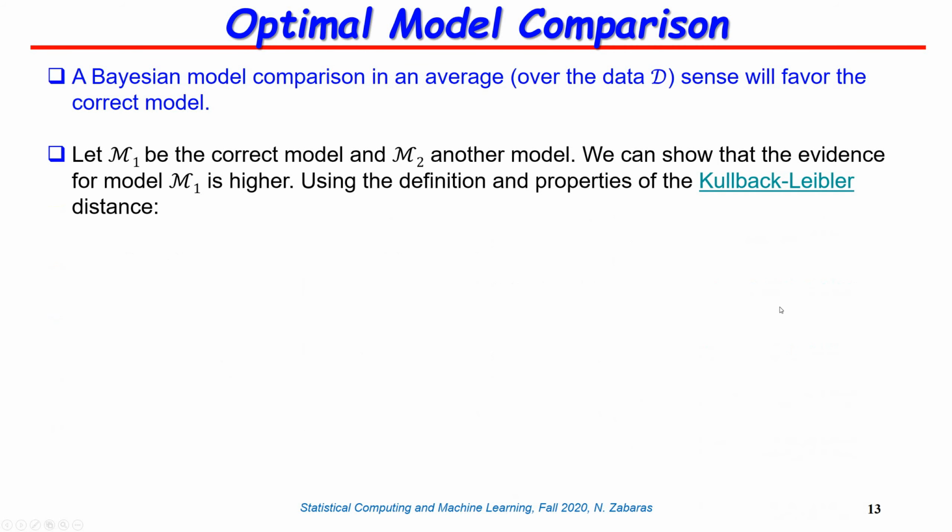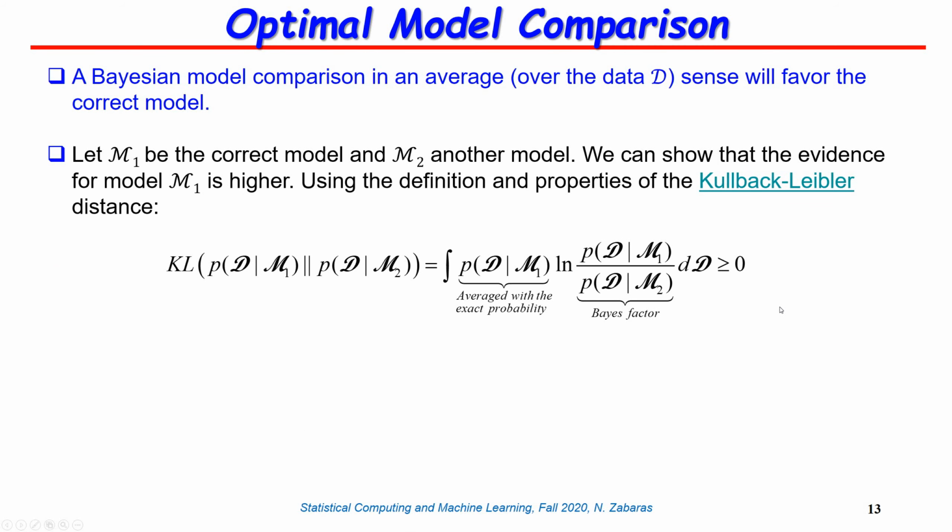Let me go through the equation directly so this can make sense. You remember the KL distance between two distributions, right? It measures how close two distributions are. So let me take these distributions of the data D corresponding to the exact model, that's model M1, and then to some other model M2.